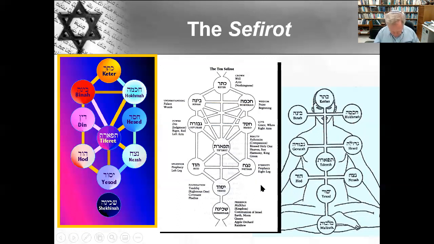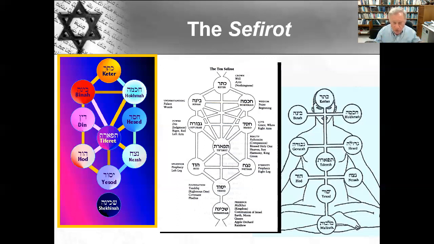And then there's pages and pages and pages of material. I'm just really beginning to get this. I'm actually very excited about beginning to get it. But broadly speaking, at the top you have something called Keter, the crown. And this still is an aspect of God that is not interacting with the universe.